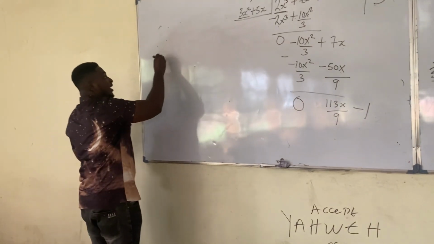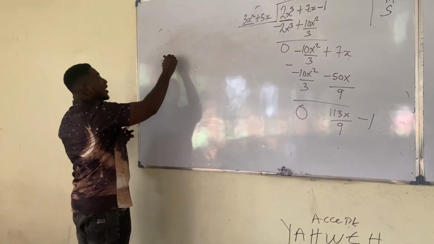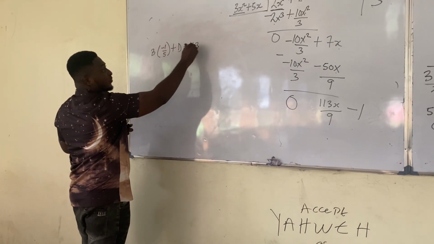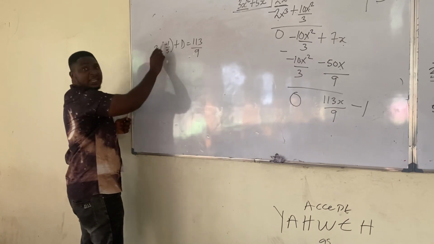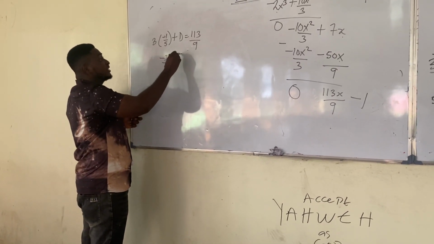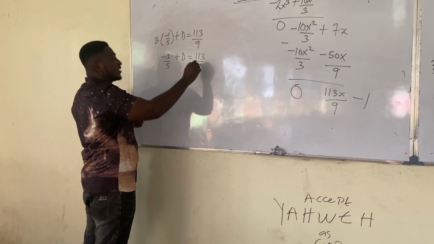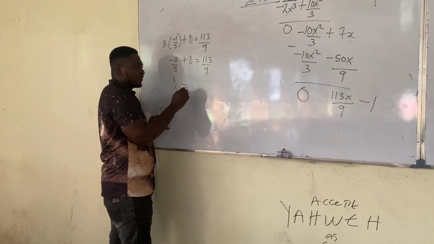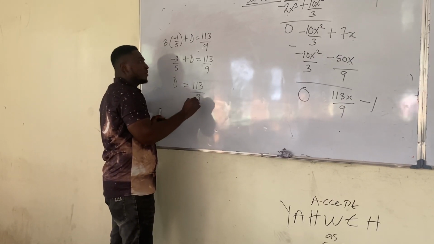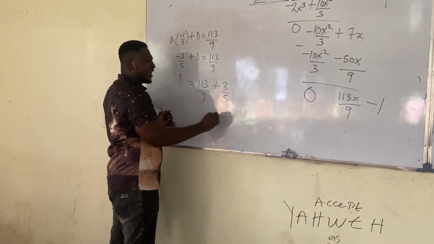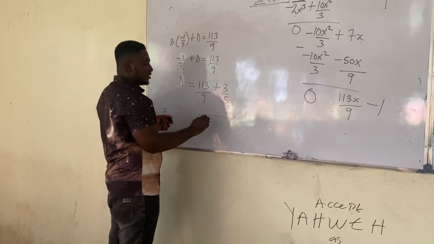We have 3 into bracket minus 1 over 5 plus D equals 113 over 9. 3 times minus 1 is minus 3 over 5 plus D equals 113 over 9. We are almost there, class. So D must be equal to this 113 over 9. When minus 3 over 5 moves to this side, what does it become? We find the LCM, we have gotten D, class.